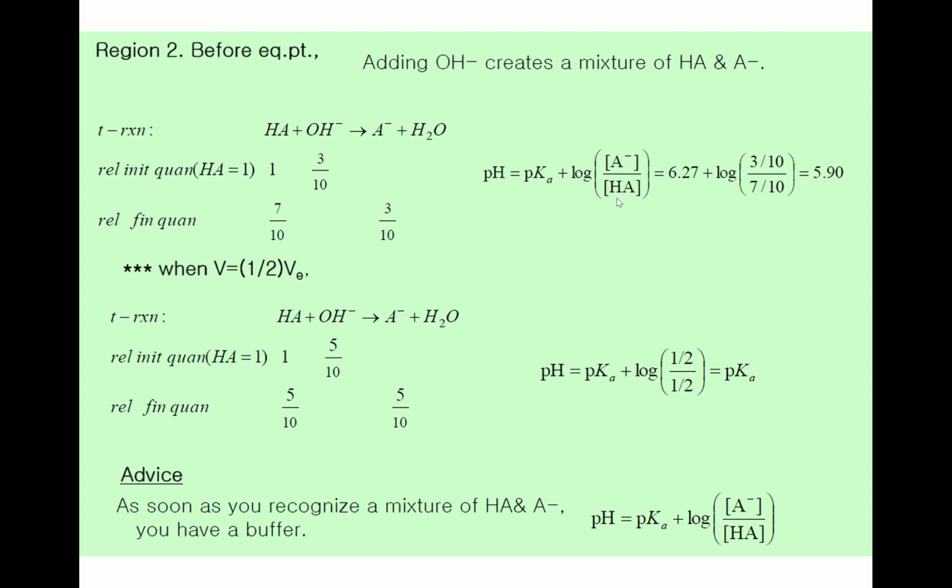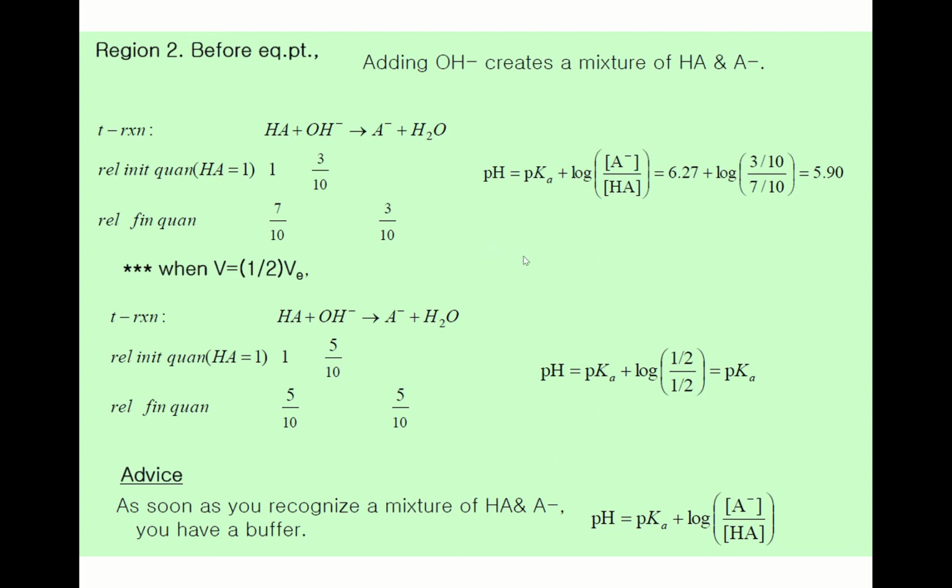Since the volume is the same, instead of considering the total volume, which is 53 milliliters, we simply consider the moles of produced anion and remaining HA, which is 0.3 divided by 0.7, and then pH is 5.90 when 3 ml of hydroxide ion was added.